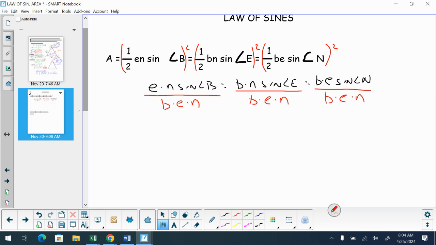So if we look now, we have all multiplication on top and on bottom. If we have all multiplication on top and bottom, things will cancel. E's and N's will cancel here. The B and the N will cancel here. The B and the E will cancel here.